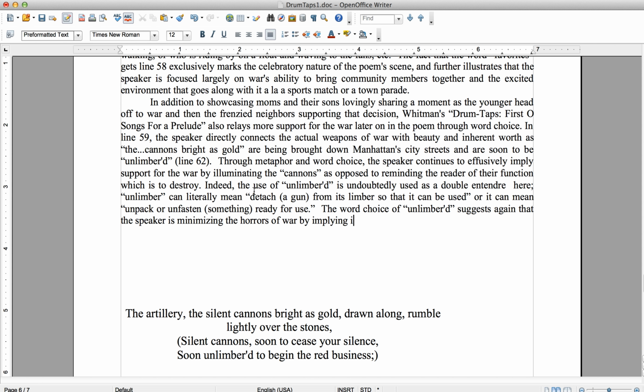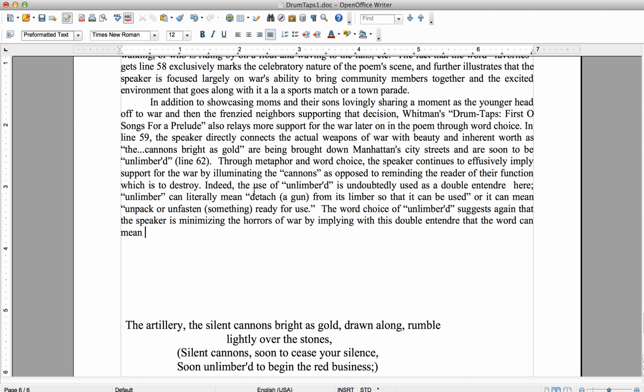By implying what is double entendre. So it's sort of innocuous, right? As unpacking.